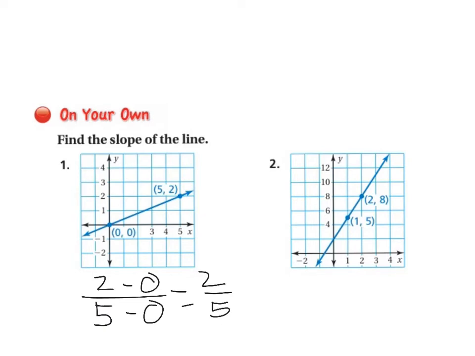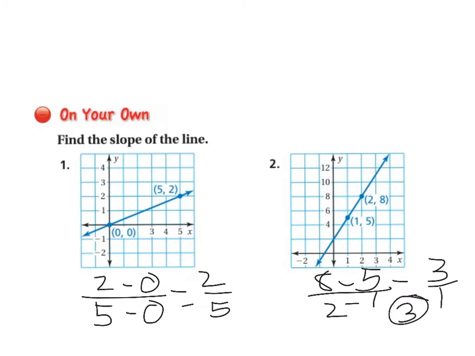And then when we look at number 2, we've got our y2 is 8 minus our other y, 5, over 2 minus 1. So our x's are our second x minus our first x. So 8 minus 5 is 3. 2 minus 1 is 1. So that just equals 3 over 1, or 3.